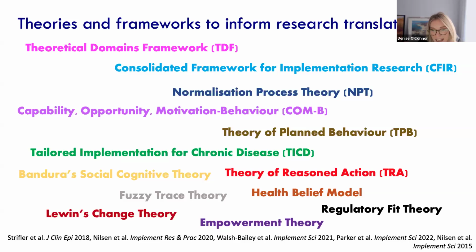Many of you will be aware, but there are hundreds of theories and frameworks relevant to behaviour change and organisational change, and obviously relevant to research translation. So looking at systematic reviews or scoping reviews is a very useful first step to help identify frameworks or theoretical approaches that may be relevant to you.